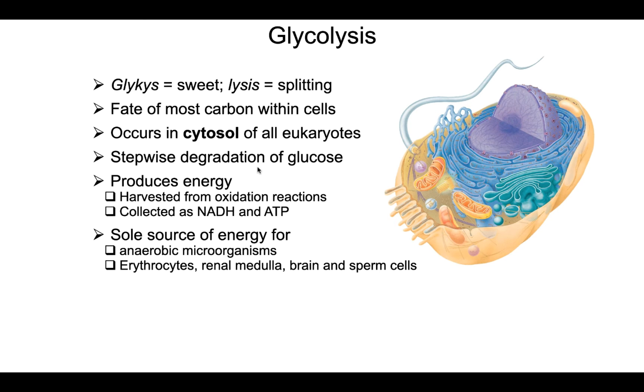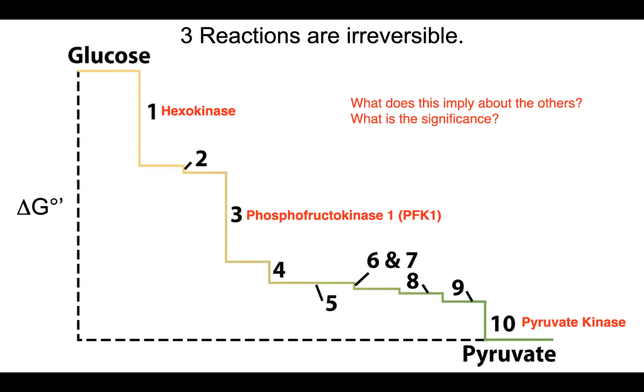It produces energy via the ATP that's produced and the NADH that is collected. For organisms that live anaerobically, meaning without oxygen, and even for some of the cells within a multicellular organism, that's the sole source of energy. Those 2 ATP that we get from glycolysis are the sole source of energy for many of these organisms and for many cells within our body: erythrocytes, renal medulla, brain, sperm cells.